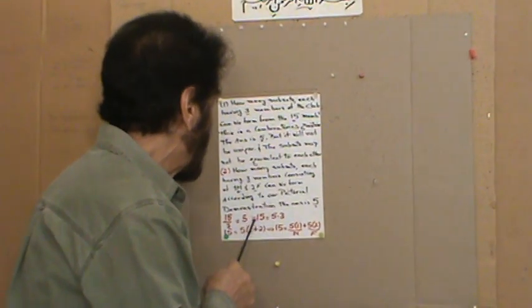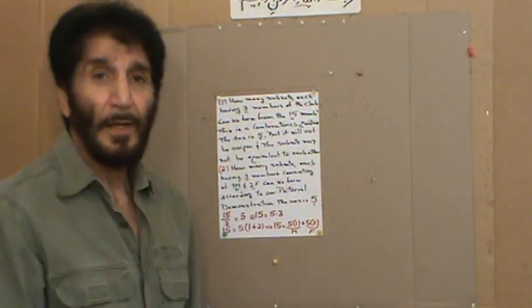So we can write 3 as 1 plus 2, with the assumption that 1 stands for male and 2 stands for female. With that assumption we see that 15 equals 5 times (1 plus 2), which is 5 times 1, which is 5, plus 5 times 2, which is 10.